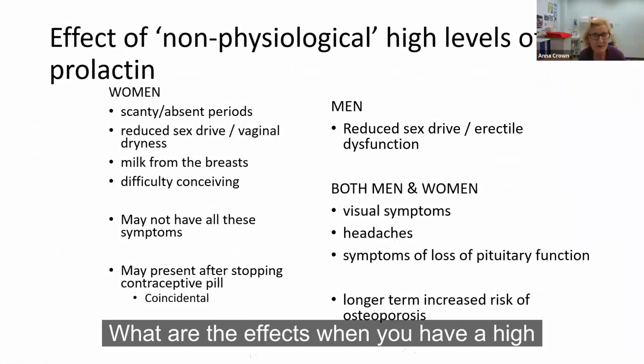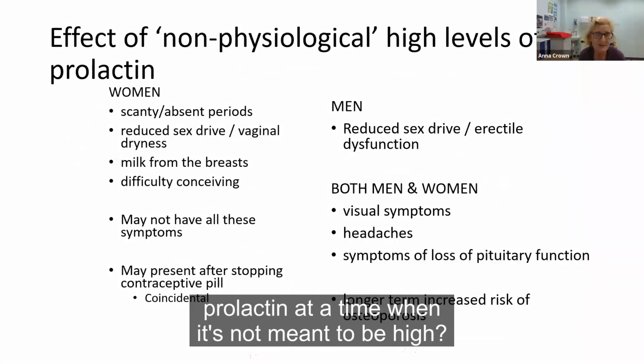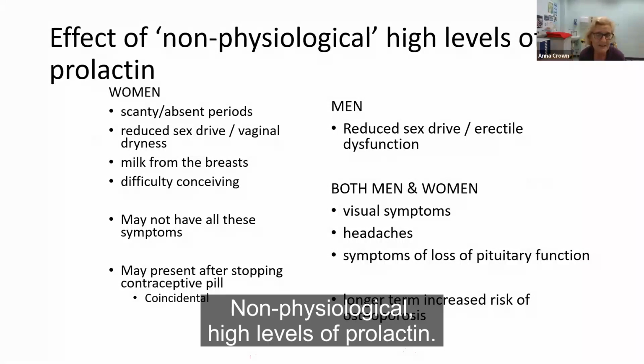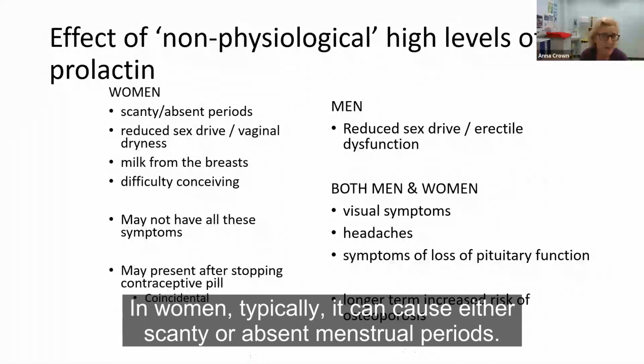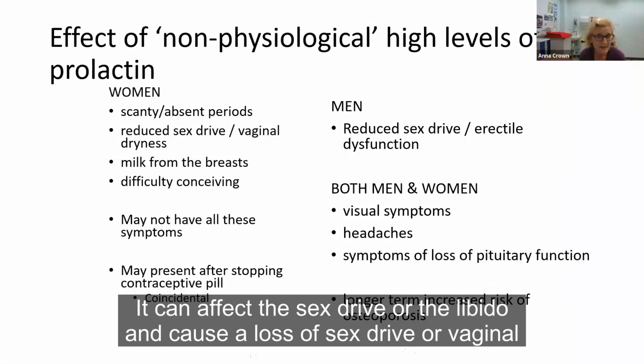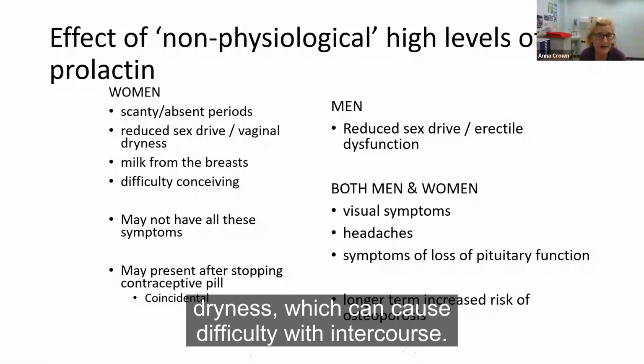So what are the effects when you have a high prolactin at a time when it's not meant to be high? So, non-physiological high levels of prolactin. There are slightly different presentations in women and men. In women, typically it can cause either scanty or absent menstrual periods. It can affect the sex drive or libido and cause a loss of sex drive or vaginal dryness, which can cause difficulty with intercourse.